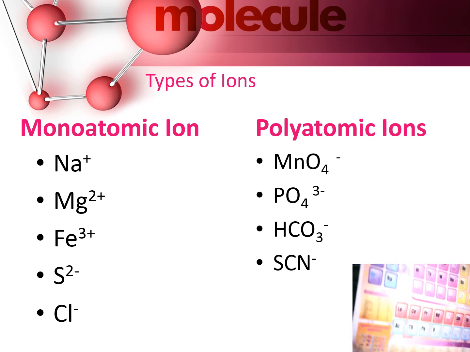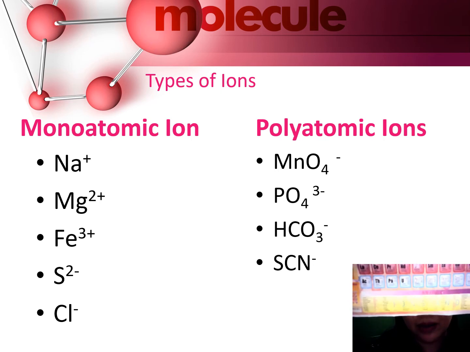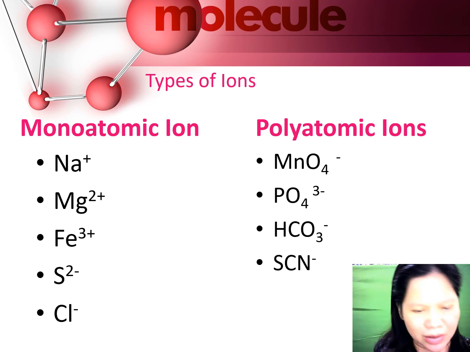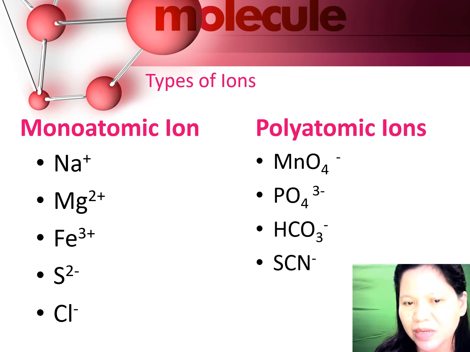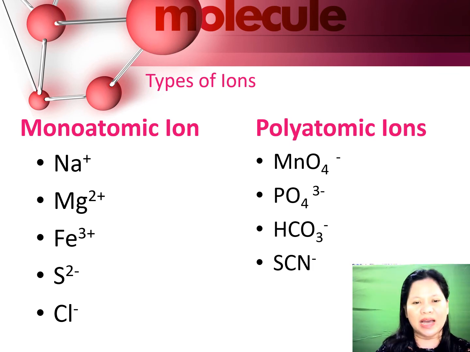There is a heading there that says cations and anions, which are polyatomic ions. When I say polyatomic ions, it consists of 2 or more elements present, just like phosphate, PO4 3 negative.